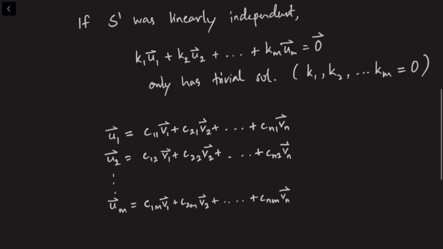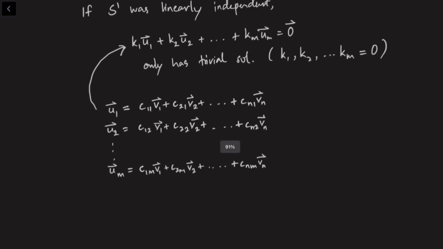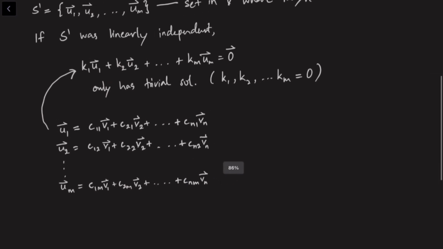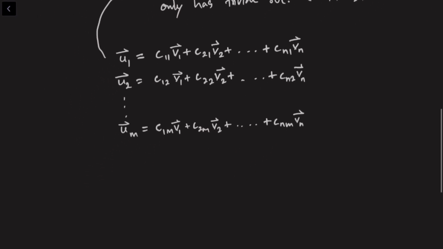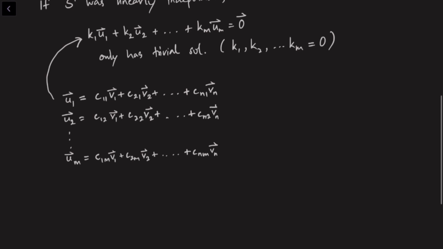And we'll now just plug all the u's into this homogeneous equation to test whether it is linearly independent or not. So if we plug these into that equation, we'll get k1 u1 would be c11 v1 through cn1 vn. That's k2 times u2 would be c12 v1 through cn2 vn.